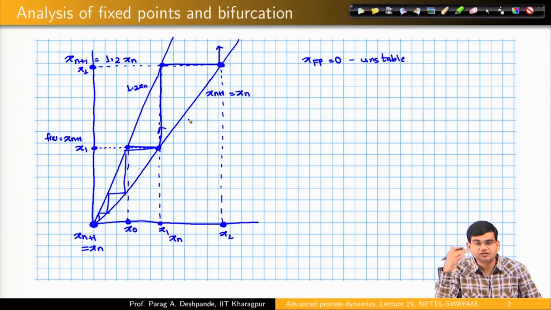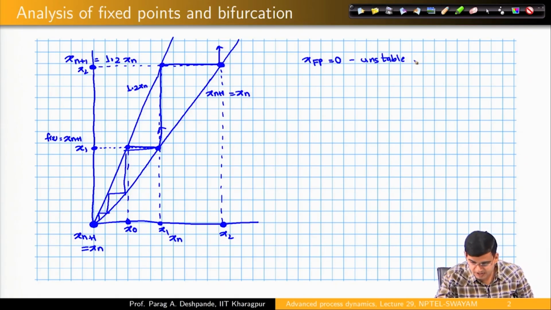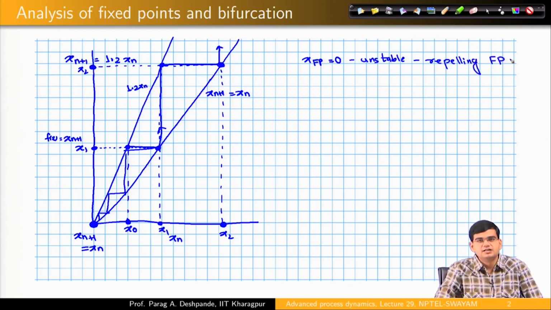So, therefore, this is an unstable equilibrium solution analog, in other words this is called a repelling fixed point. This is the repelling fixed point.